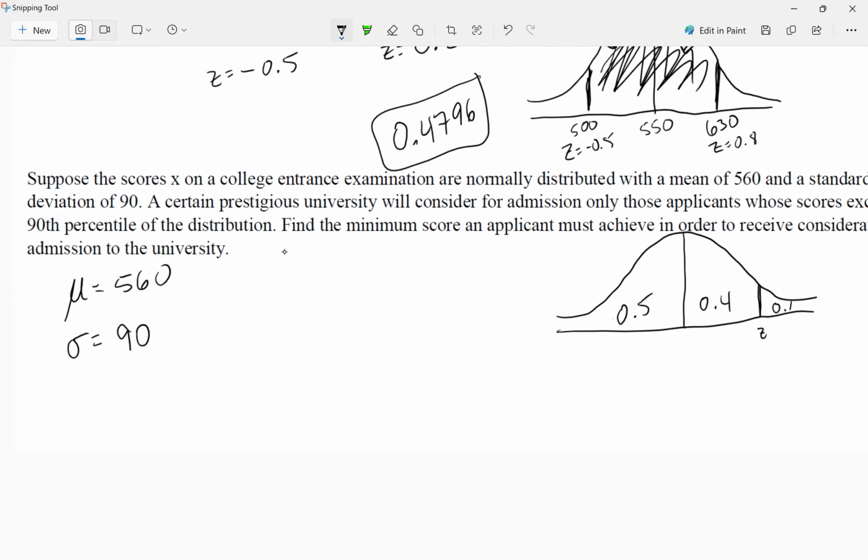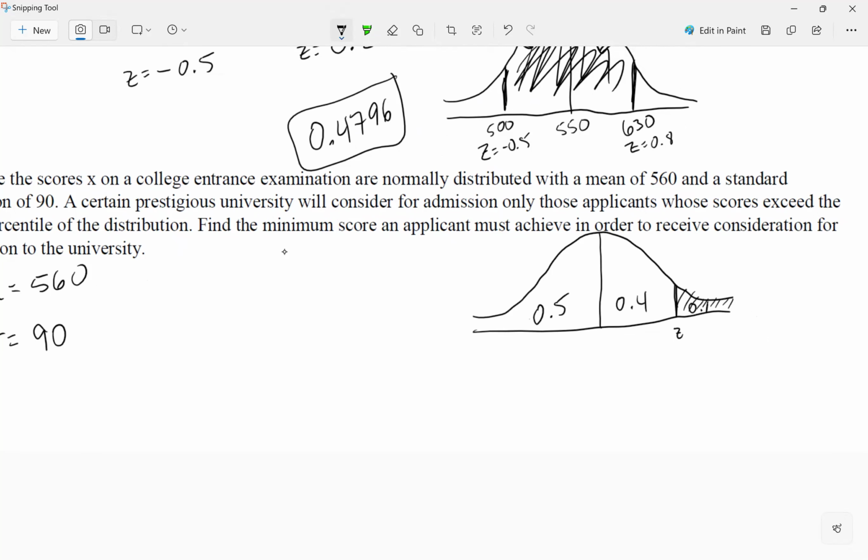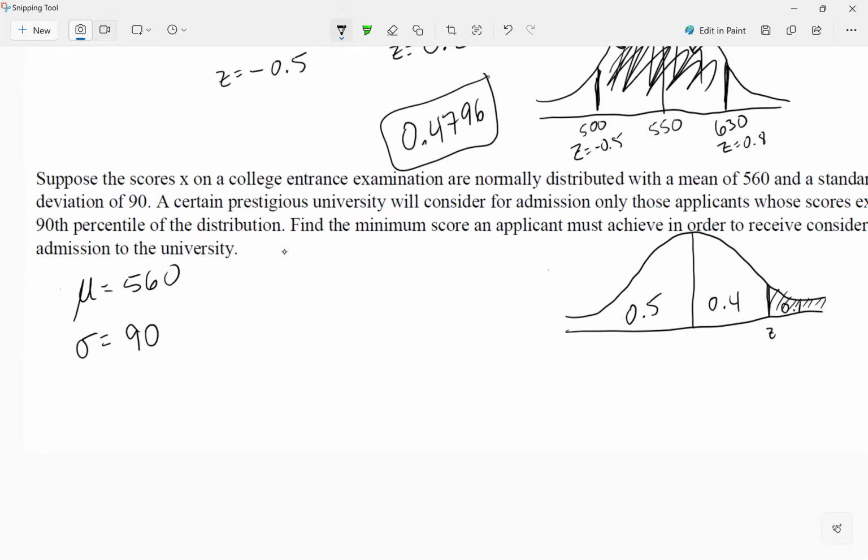So that's 0.1 there, because the whole area under the curve is equal to 1, right? It's 100%. So they're going to accept whoever's scores exceed the 90th percentile. So they want these scores here. It has to be more than 90% of the population. So only 10% are going to get accepted. Very prestigious university. Find the minimum score an applicant must achieve in order to receive consideration for admission to the university.